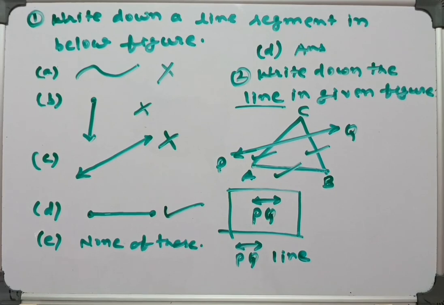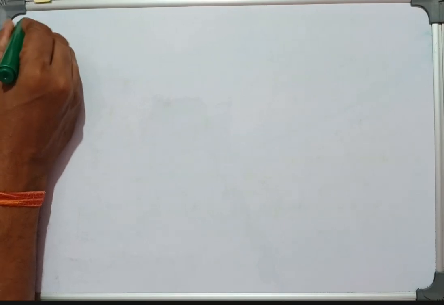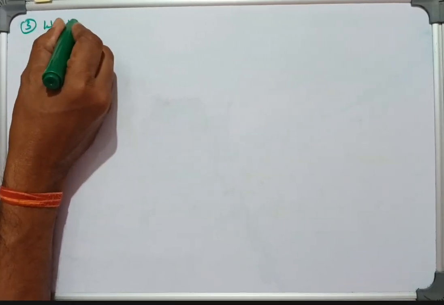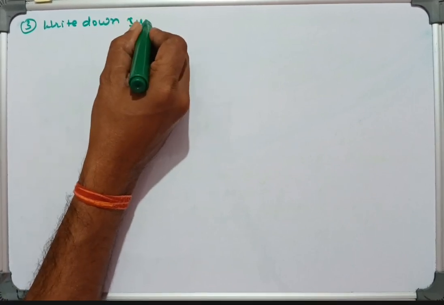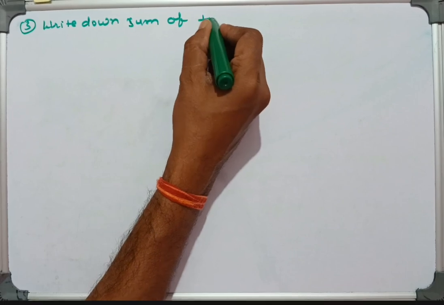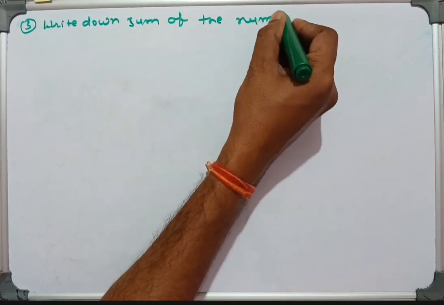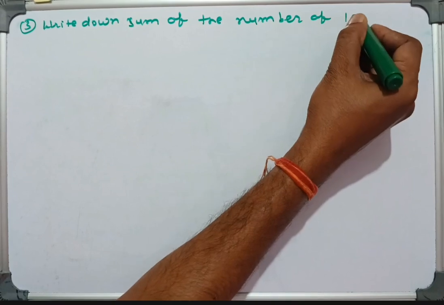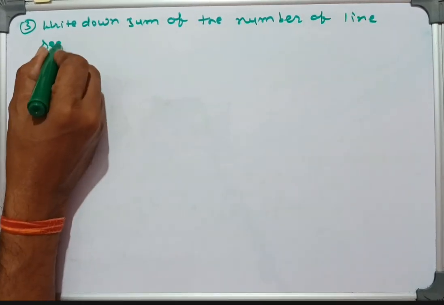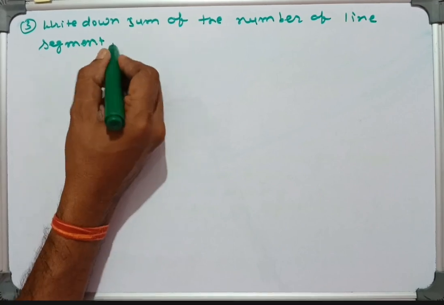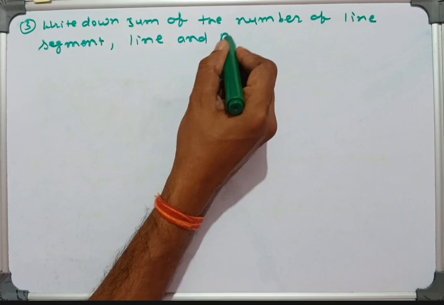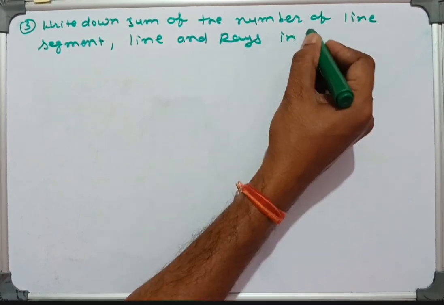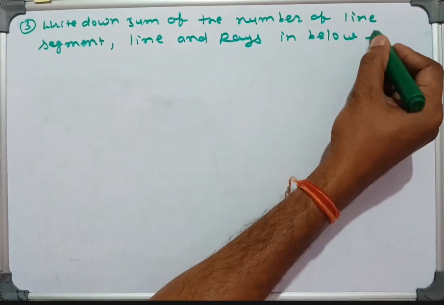Now we will take another example. Now question number 3. Write down the sum of the number of lines, line segments and rays in the below figure.